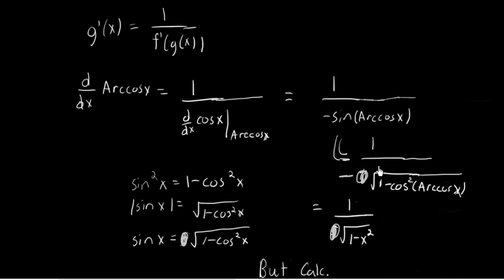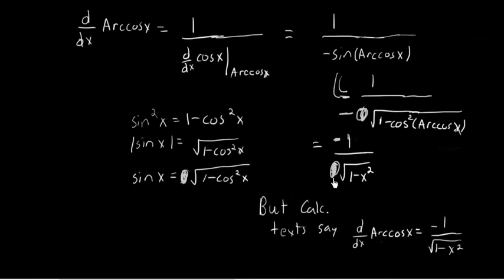We can get rid of the minus plus here. So this minus sign will just present itself as a minus sign in our answer. And this is the formula that you will see in calculus textbooks for the derivative of the arc cosine function.